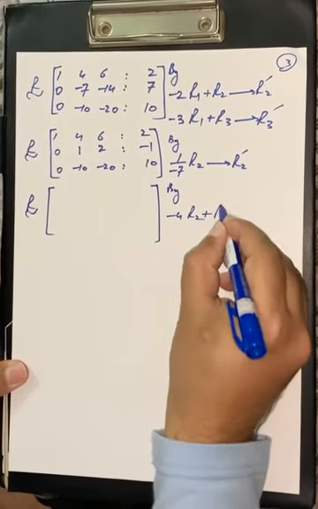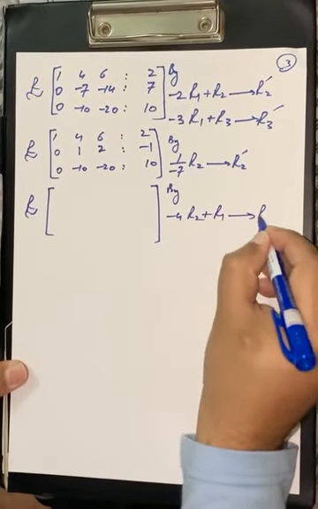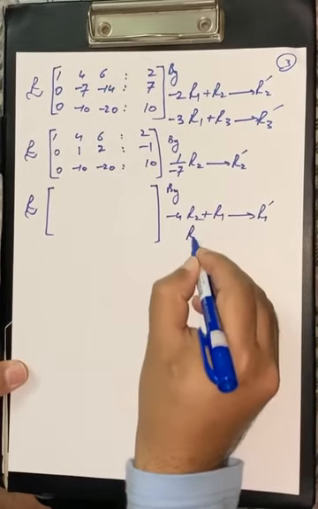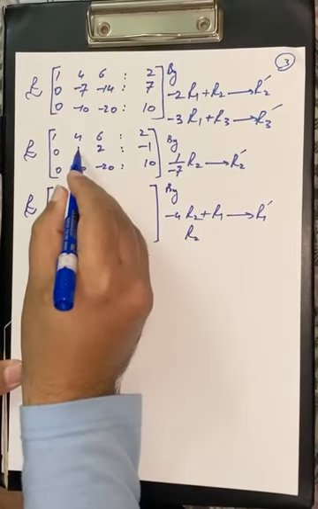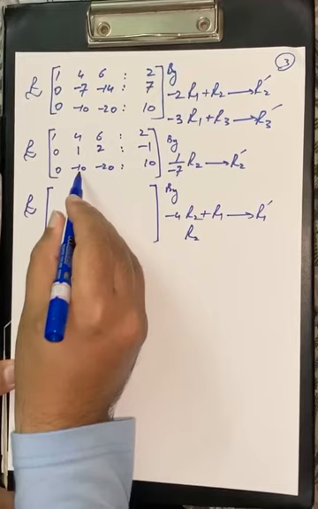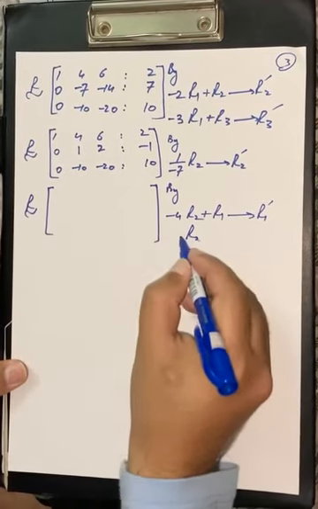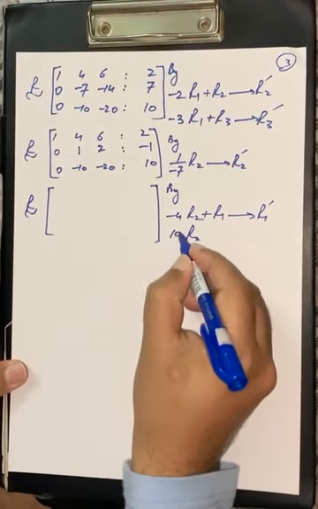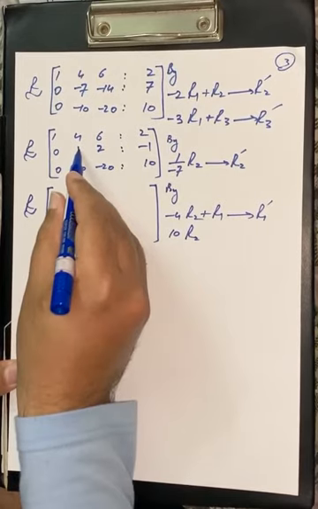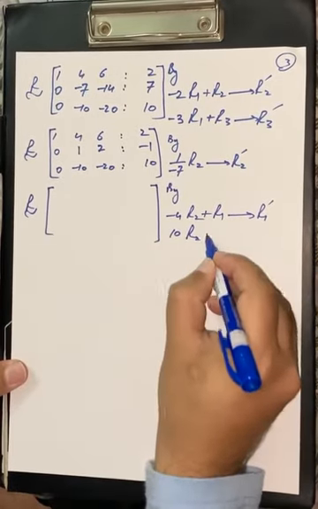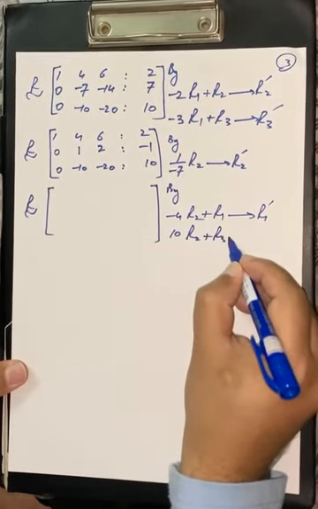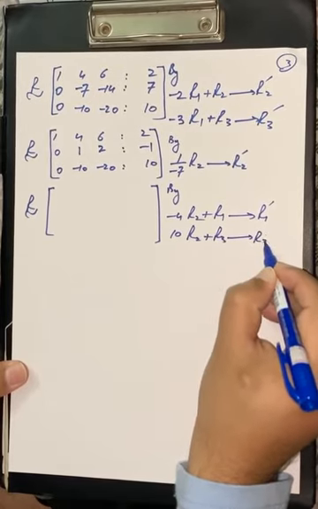So add into row 1. It becomes row 1 dash. Now next, row 2: I multiply with this, minus 10 is given to me, so I want to change the sign. It becomes 10. So 10 multiplied by row 2, added into row 3. It gives me row 3 dash.